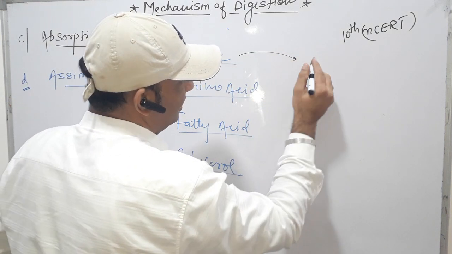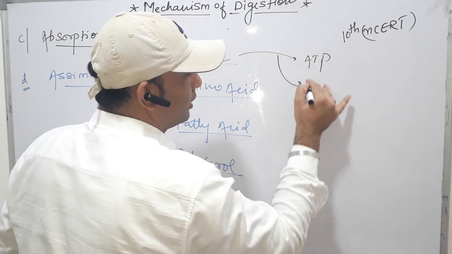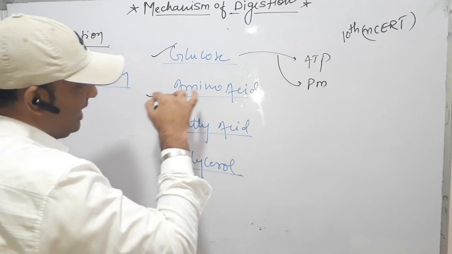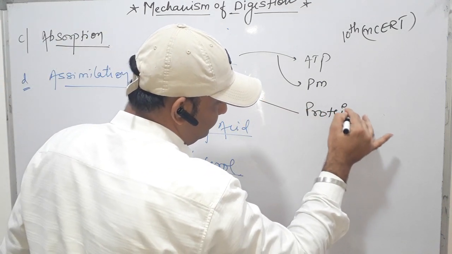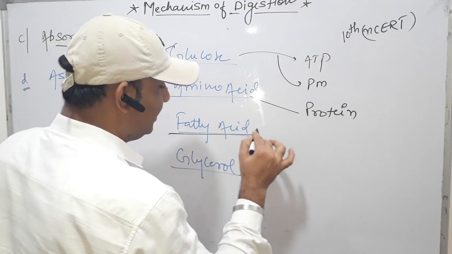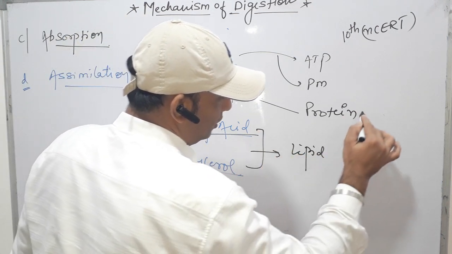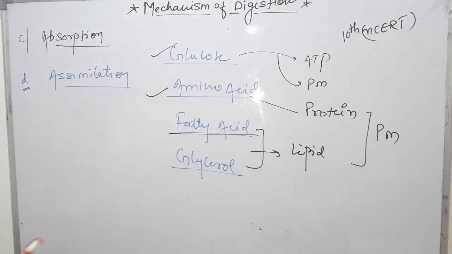Glucose is generally used for the formation of ATP, and is also a main product of plasma membrane, so it is assimilation of glucose. Amino acid is used in the formation of protein. Fatty acid and glycerol are used in the formation of lipid. Both are products of plasma membrane. So it is called assimilation.